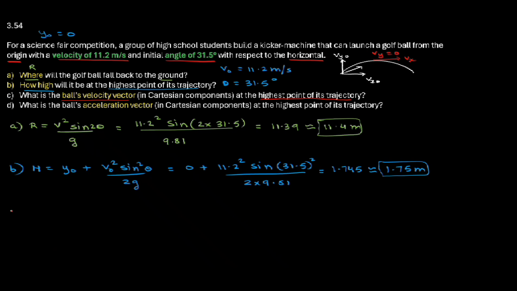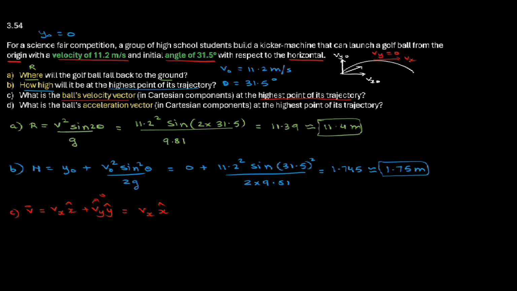When I write the velocity vector, we can write v bar as vx x cap plus vy y cap. But at the highest point, the y component becomes 0, so you're only left with vx x cap.